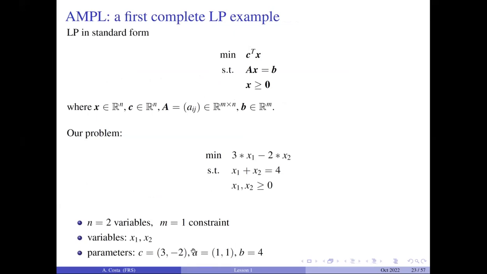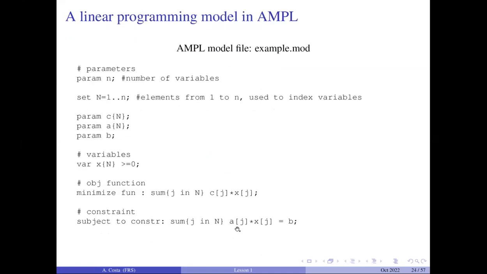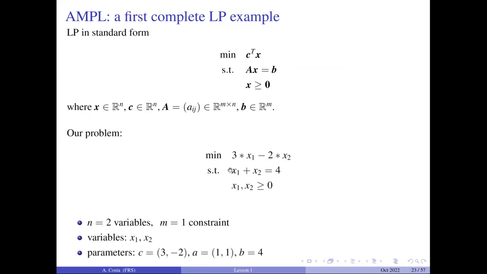We have the vector A, so this one will be A times x equal to B, and we write it like that. So this is A1 times x1 plus A2 times x2 equal to B, where B is equal to 4, A is equal to 1, and x1, x2 are the two variables. This is the way we can write a compact model, but nothing wrong if you want to write with the numbers directly like that, it also works.